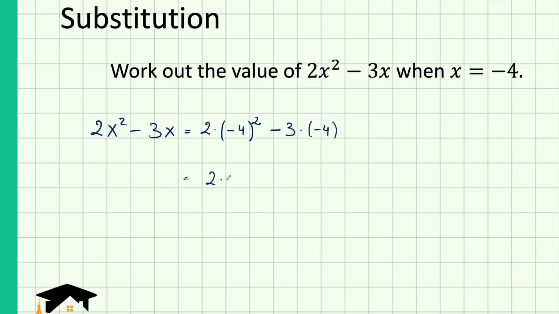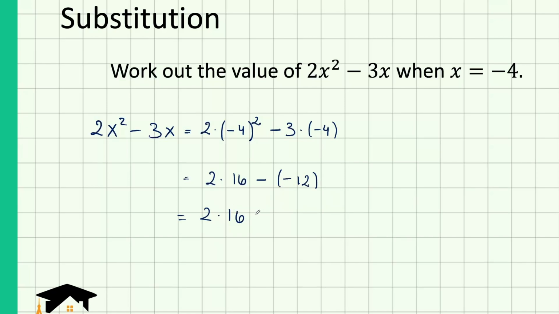This is 2 times minus 4 squared, which is 16, minus 3 times minus 4, which is going to be a negative number. 3 times 4 is 12. So now we have 2 times 16.